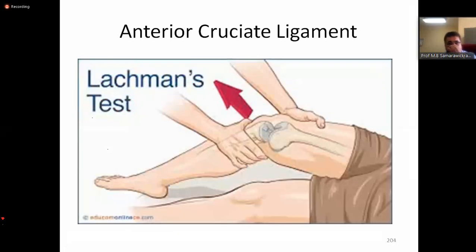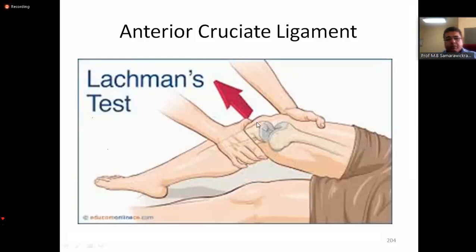Other injuries at the knee are cruciate ligament injuries; the anterior cruciate and posterior cruciate ligaments can be injured. You know, anterior cruciate ligament injury results in increased anterior mobility or displacement of the tibia. So you can do what is called the Lachman test. Try to mobilize the tibia over the femur anteriorly.